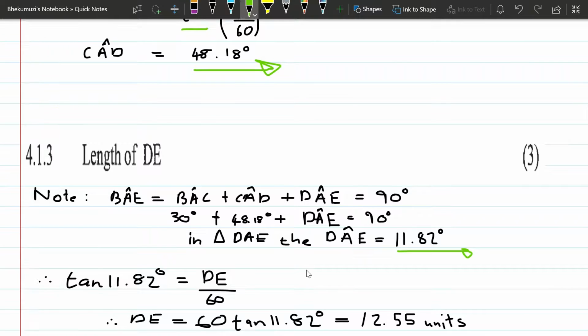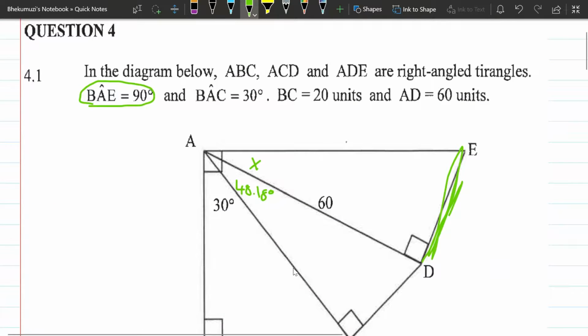This angle is opposite to the one that we are looking for. And the only other piece of information that we have is AD, which is this one over here. Mind you, AD and DE are not the hypotenuse, because this 90-degree perpendicular sign tells us that AE is the hypotenuse of this triangle.